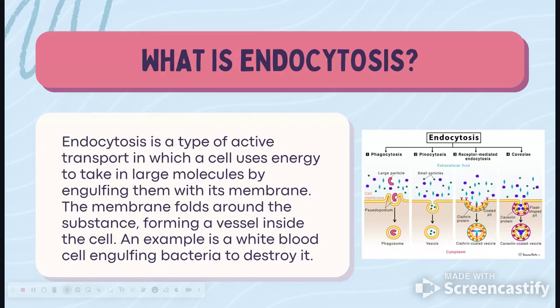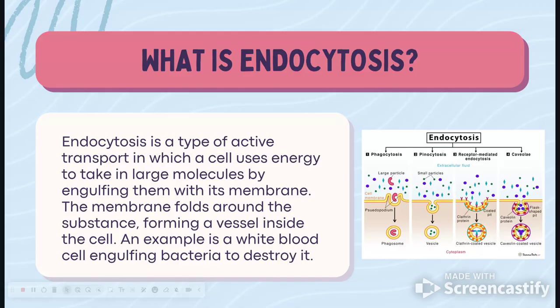Then we have endocytosis. You may be asking what that is. Endocytosis is a type of active transport where the cell takes in a large molecule and engulfs it with its membrane. The membrane folds around the substance or large molecule, and it forms a vesicle to bring it inside the cell.